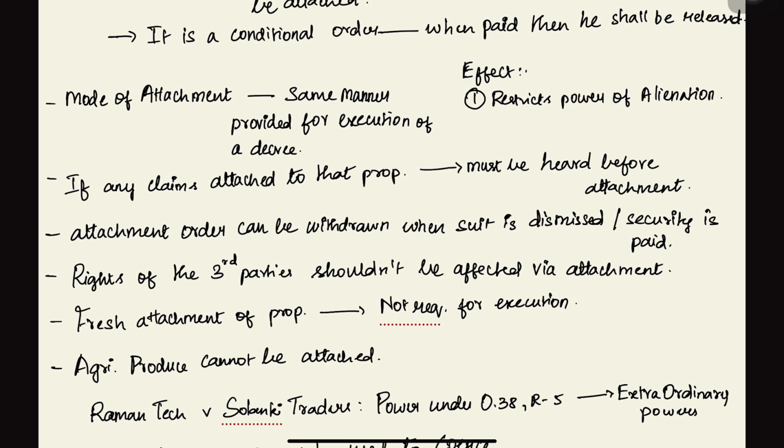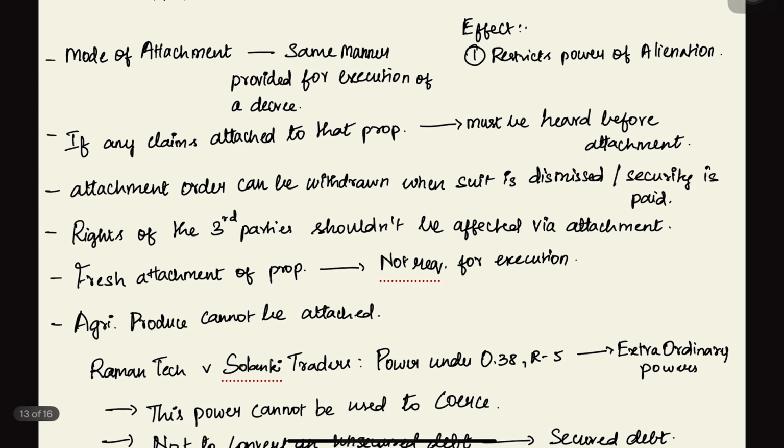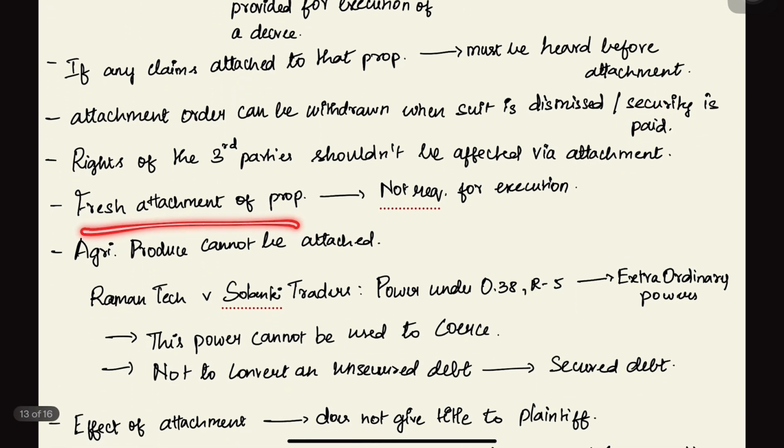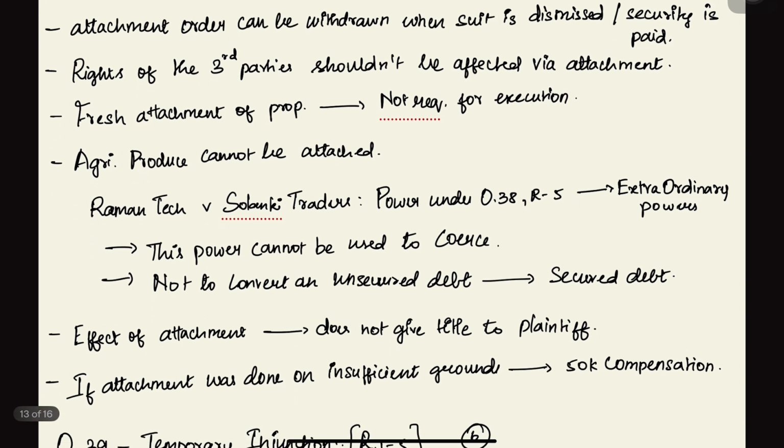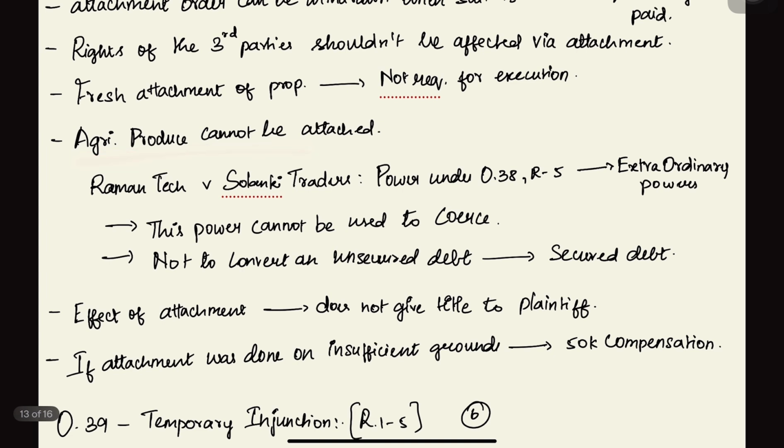If any person has an interest and claims over such property which is attached, then they will be heard even before attachment. Attachment order can be withdrawn when the suit is dismissed or when the security is paid. A fresh attachment of property is not required for the execution because you're already attaching the property even before pronouncing judgment. So there is no need of any fresh attachment for execution.